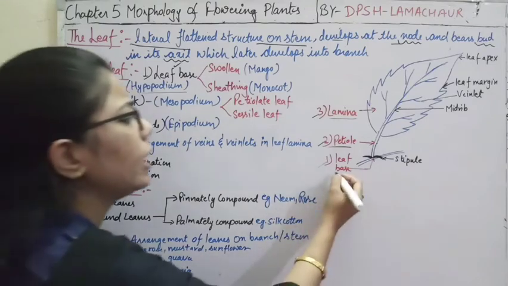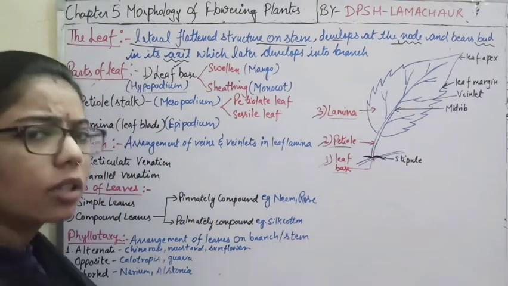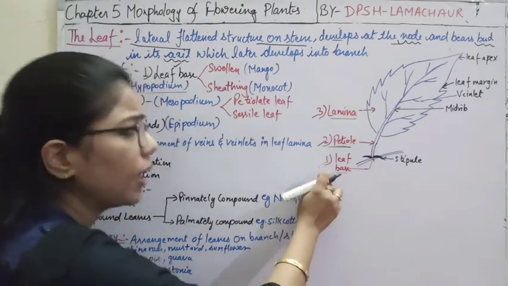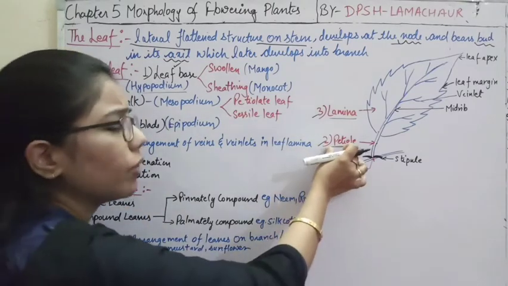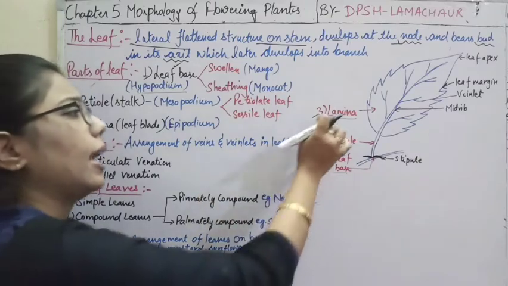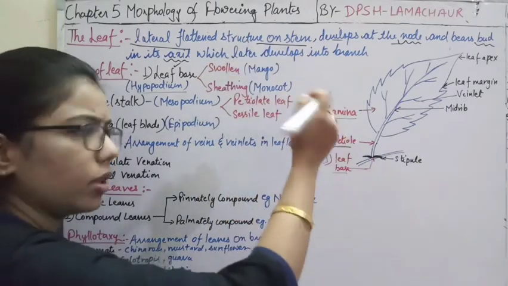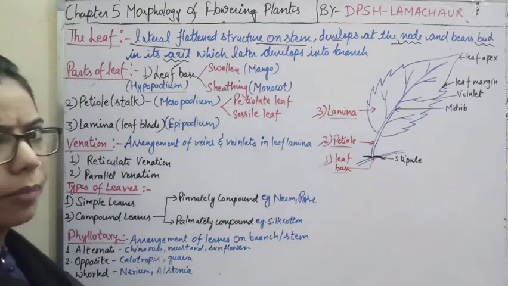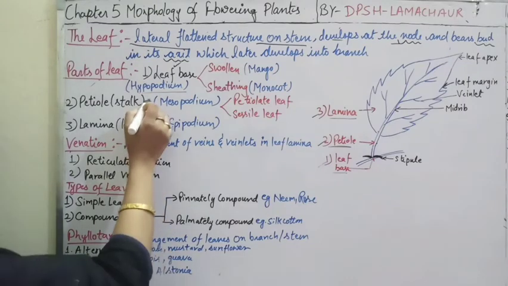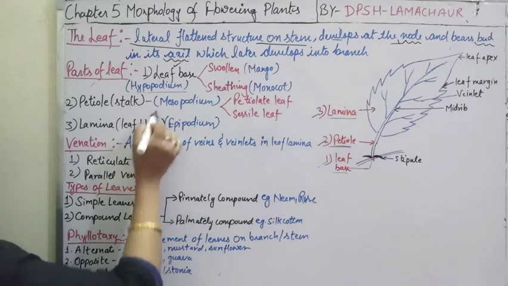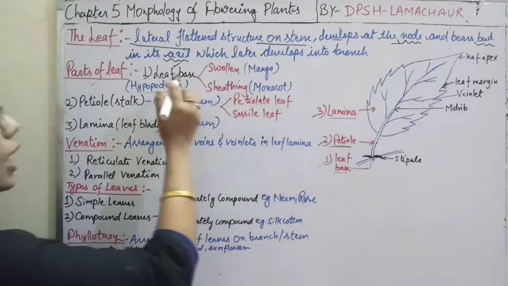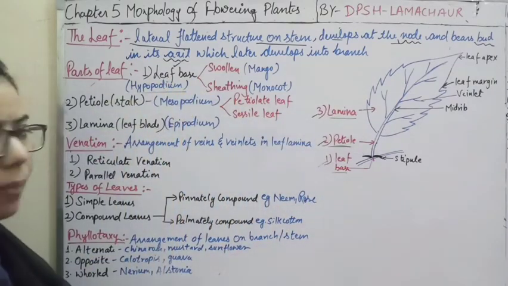So the leaf base at the lower end is the hypopodium, the petiole in the middle is the mesopodium, and the lamina at the upper end is the epipodium.